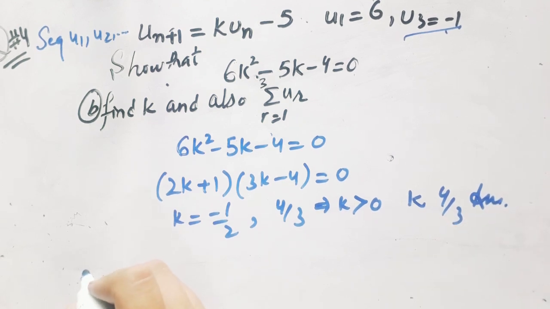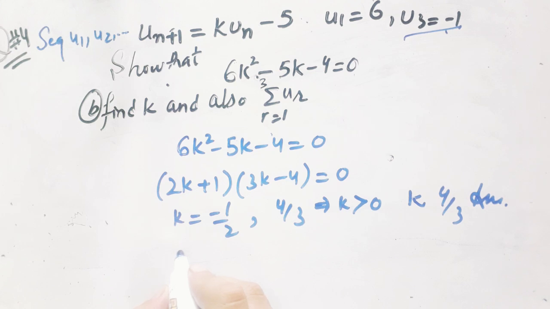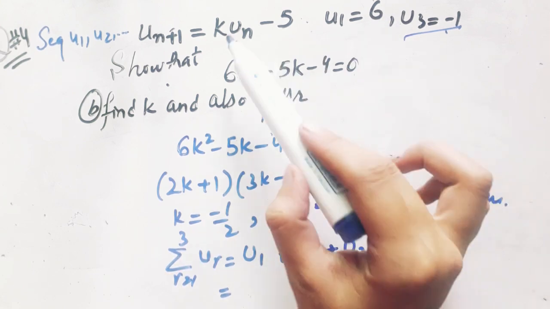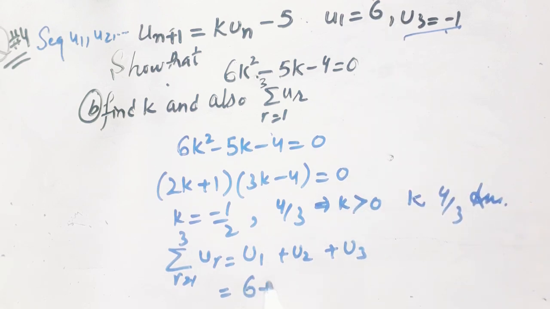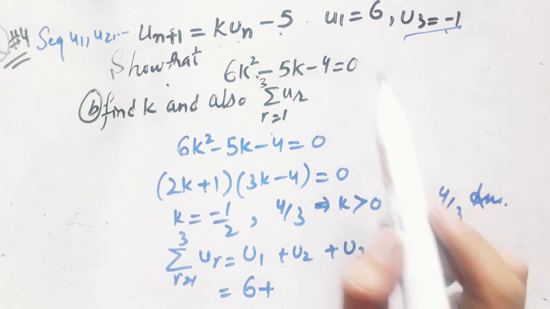Now we will add the three values of this. Now we will add this to find the total sum from r is equal to 1 to 3, u of 1 plus u of 2 plus u of 3. So u1 value is given as 6, and u2 is equal to k u1 minus 5.